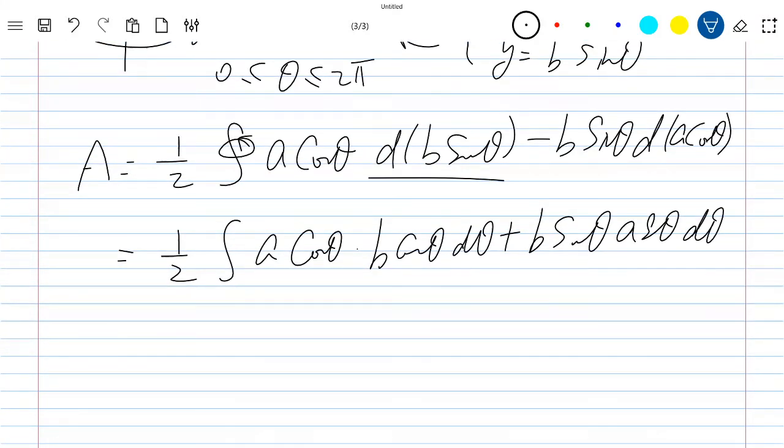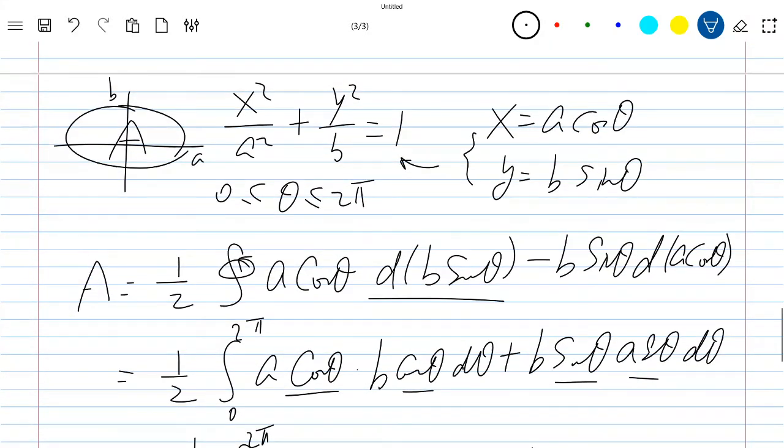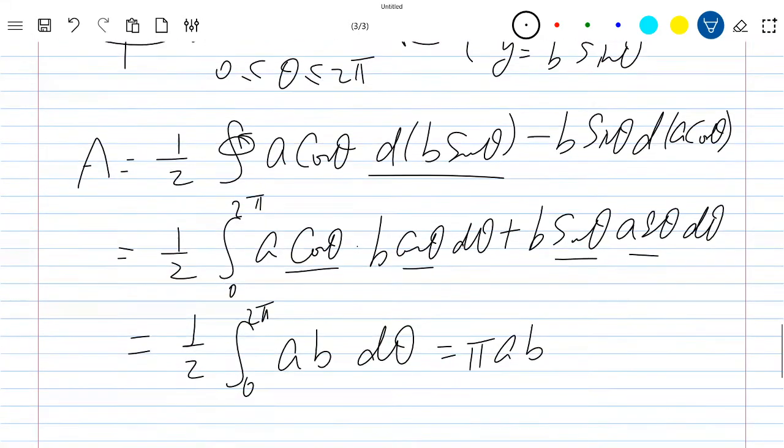And then put together, you see that? Cosine, cosine, sine, sine. So it's nothing but ab d theta, and theta is from 0 to 2 pi. So it's just ab times 2 pi, then divided by 2. So it's pi ab. Done. So the area of an ellipse is just pi times a times b.